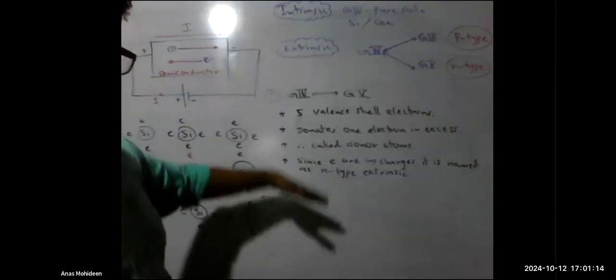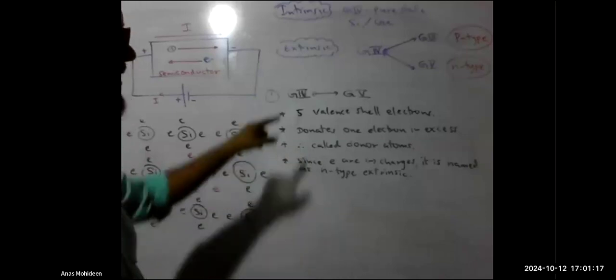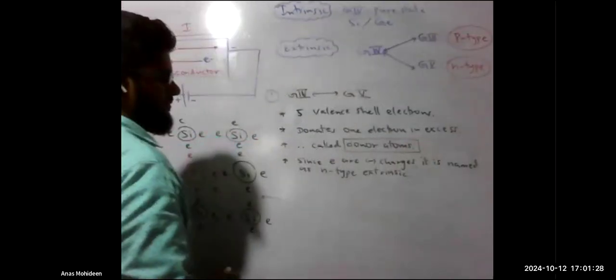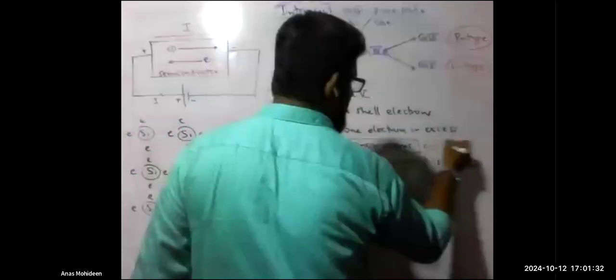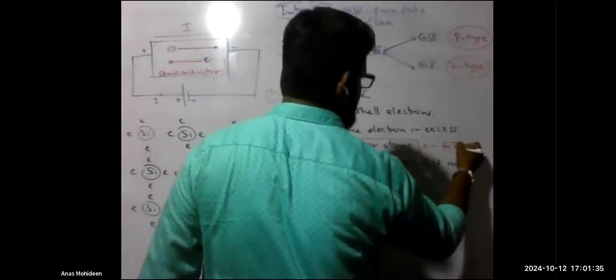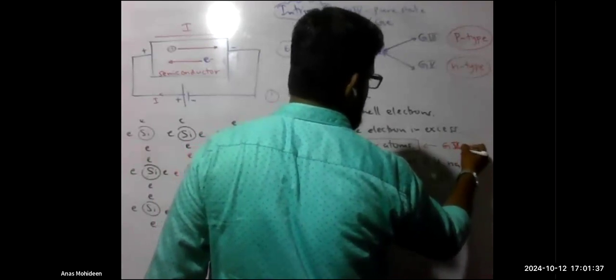Further, I have given you points for you to remember: 5 valence shell electrons are there in group 5, donates 1 electron in excess, so they are called donor atoms. Group 5 are called donor atoms. Since electrons provided are negative charges, this is named N-type extrinsic.